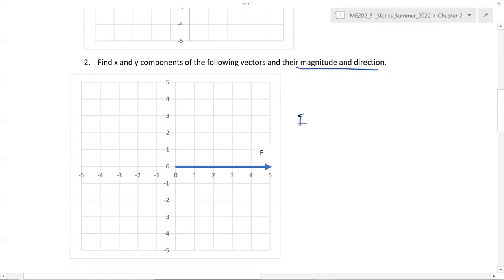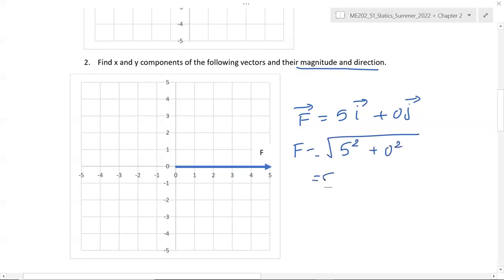So this vector can be written as f is equal to 5 units and the direction is i, but it does not have any j component, so we will write 0j. We can calculate the magnitude of that vector with square root of x component square plus y component square, and that's 5 newtons only. Let's assume that the force is in newtons.